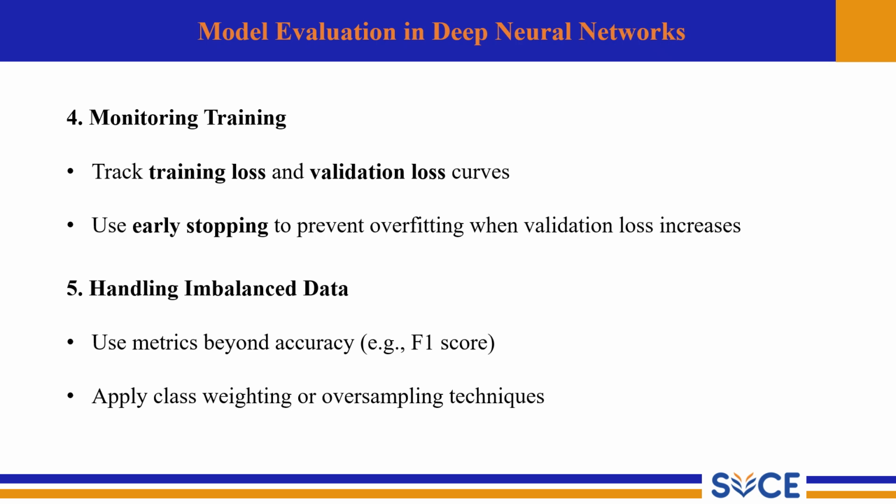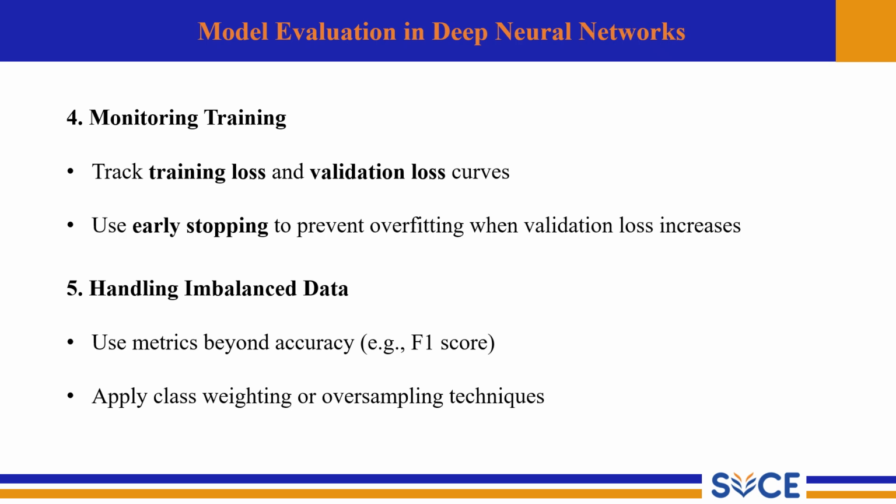But that's misleading. Instead, we should use better metrics like F1 score, which balances how many correct positives we find and how many we miss. We can also fix the imbalance by using techniques like class weighting and oversampling.